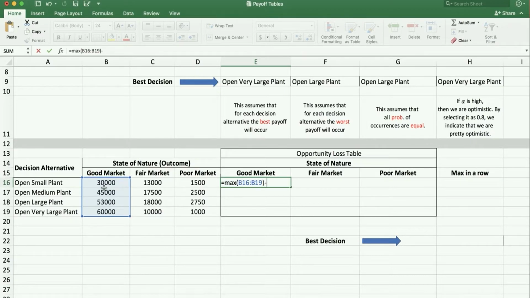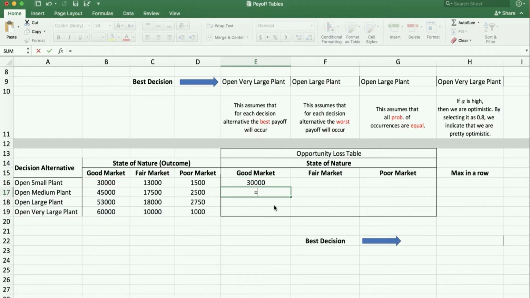If I were to open a small plant, I would be making 30,000. So if I subtract the payoff from this decision from the best possible payoff, that will give me the opportunity loss or the regret amount. Okay? So that is 30,000.